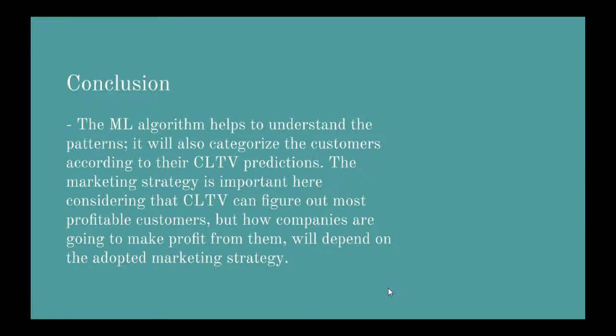So one of the strategies that I would advise companies to adopt is, first of all, from the prediction, the numbers are continuous or real values. You can create a band or a category for the prediction, maybe high, middle, and low.